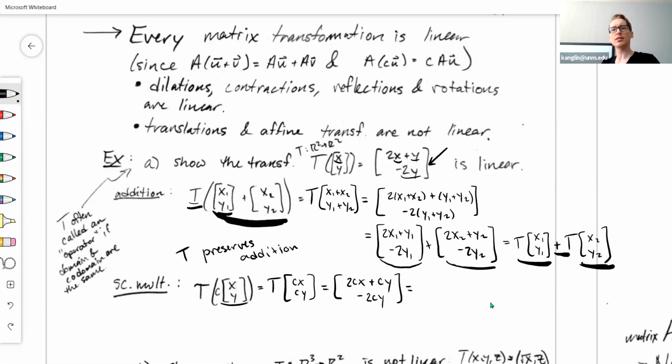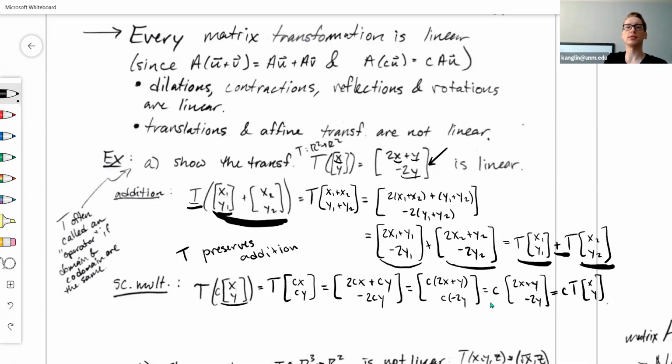So what is this? Notice I can factor the c out of here and out of here. Bring that outside. And I have exactly c times the image of x, y under T. So this is preserving scalar multiplication as well.